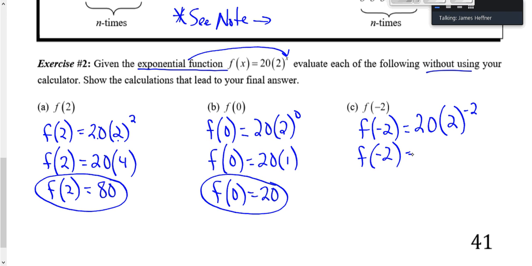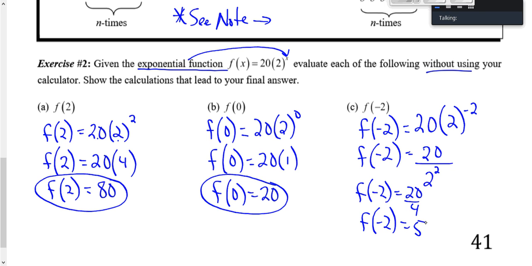It's really just notation. So it'd be 20, the reciprocal, over 2 to the positive 2, right? Bring it down and make it positive. So f of negative 2 now is 20 over 4, which of course is 5. Anybody have any questions on these? Okay. Let's move over to the next page here.